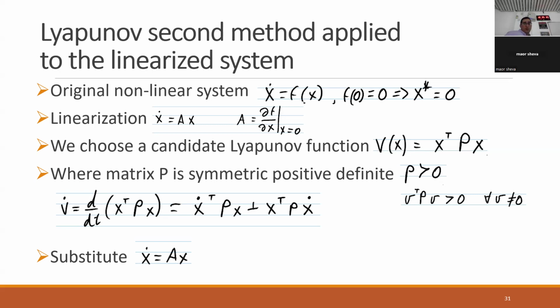Therefore v transpose Pv is greater than 0 for every v that is not 0, and for 0 is 0. And therefore this is a Lyapunov function that meets the requirement for Lyapunov to be positive definite everywhere except at the origin, which is the equilibrium point.